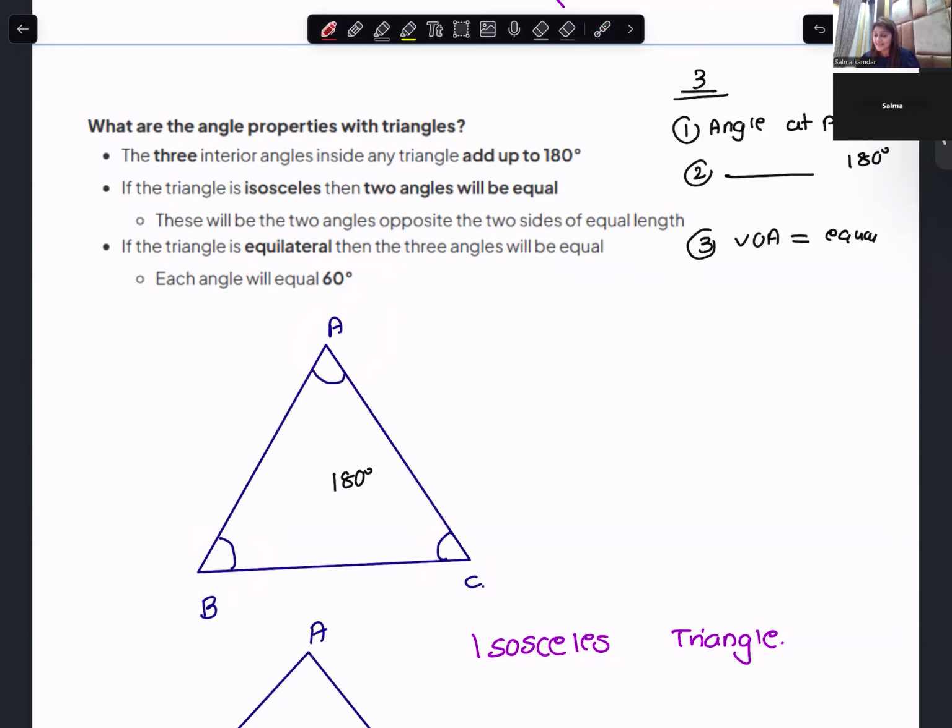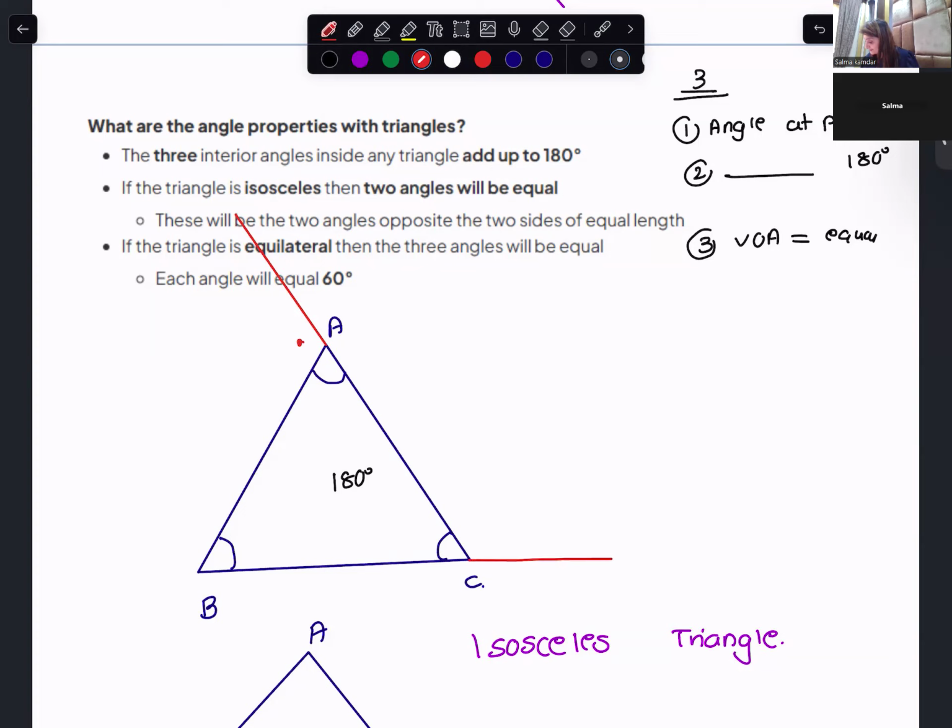Can you spot the exterior angles of this triangle? You can pause the video and spot the exterior angles yourself. So if I'm taking this, this would be the exterior angle of angle A. This would be an exterior angle over here too.